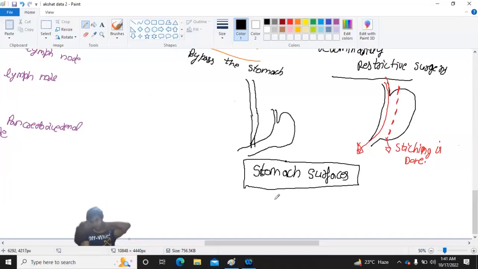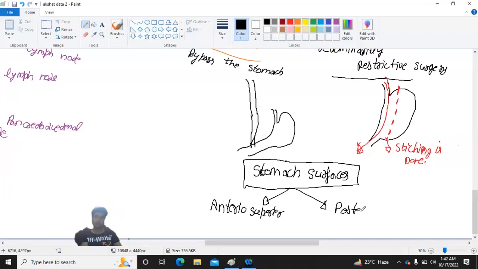It has two surfaces. It is not complete like anterior and posterior surface. One is anterior superior, just like it is slightly tilted, and another is posterior inferior.